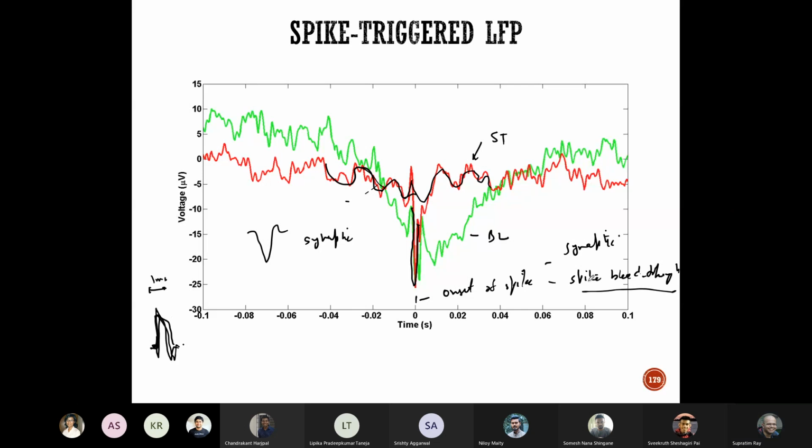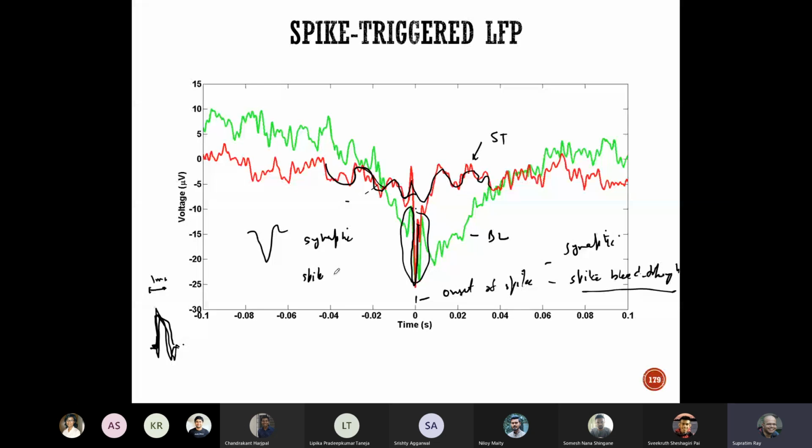It's essentially what you record in the extracellular potential at lower frequencies because of the low frequency components of the spike itself. In the LFP, you will see as if the high frequency spike bled through. So this is both synaptic activity and spike bleed through.